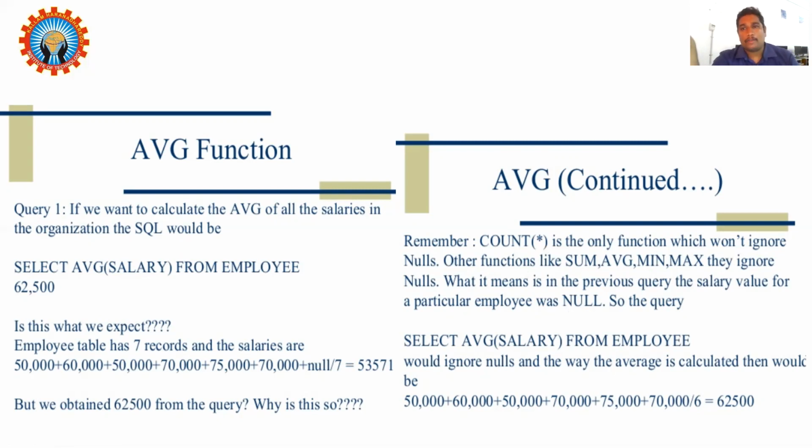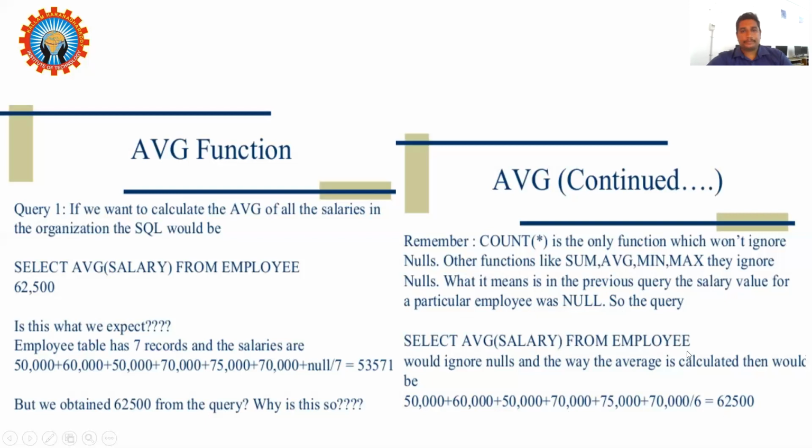The remaining ones omit the null values. Functions like sum, average, min, max ignore the null values. In the previous query the salary value for a particular employee was null, so the query calculated over the 6 values, dividing by 6, to give the resulting data.